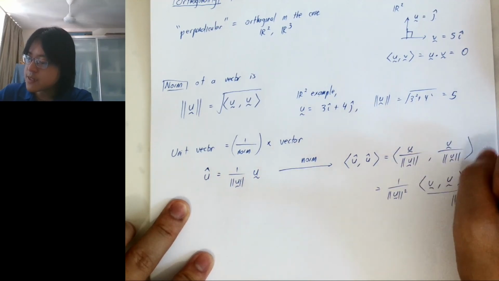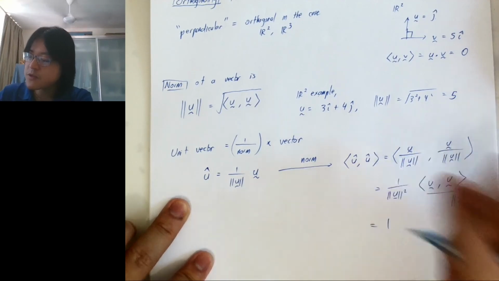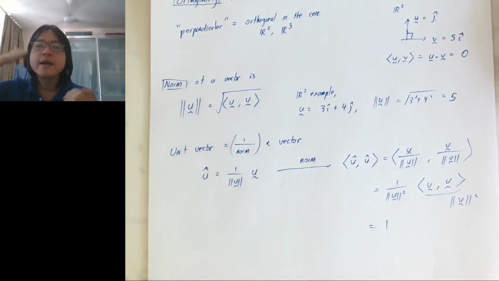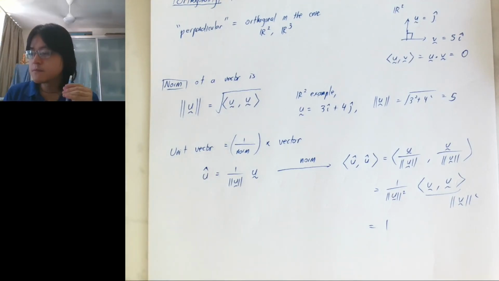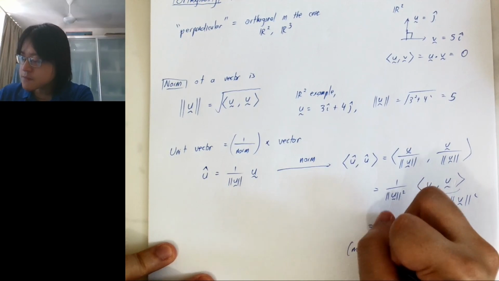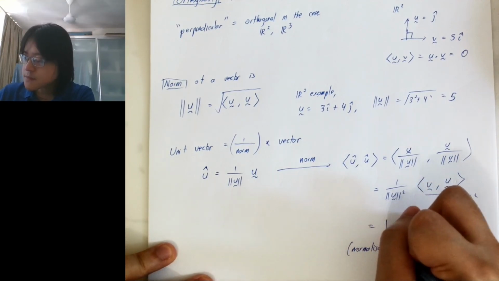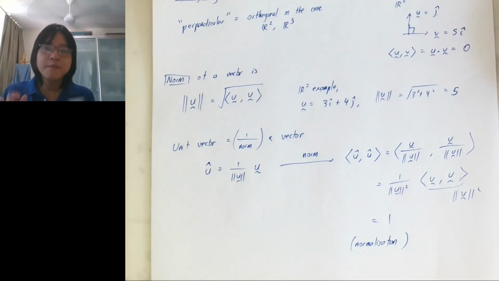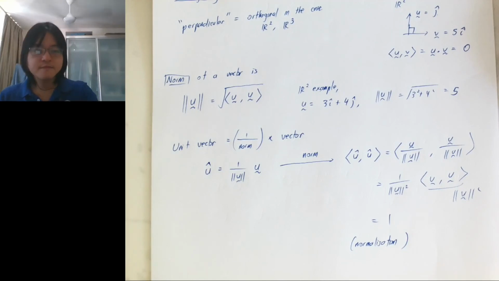But this is also itself the norm squared, so you get 1. So dividing by the norm guarantees that you make sure it's 1. This is a process that we call normalization. It is also something that we will do many times in quantum mechanics. Okay?